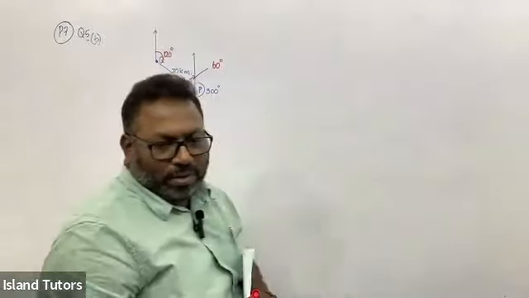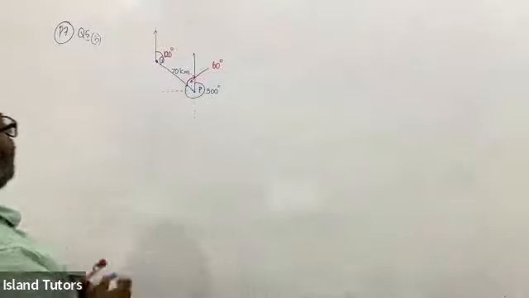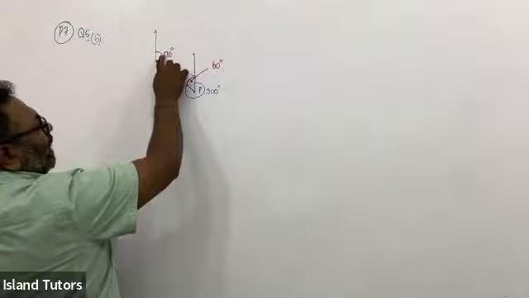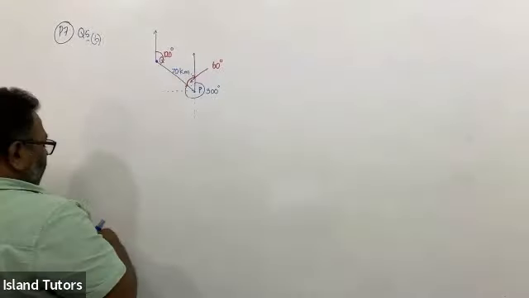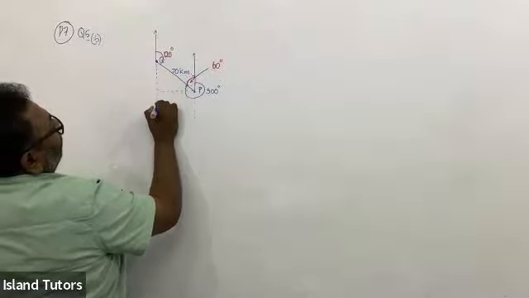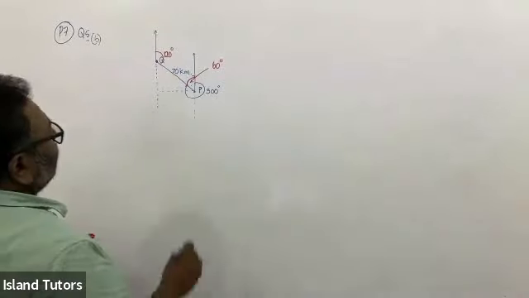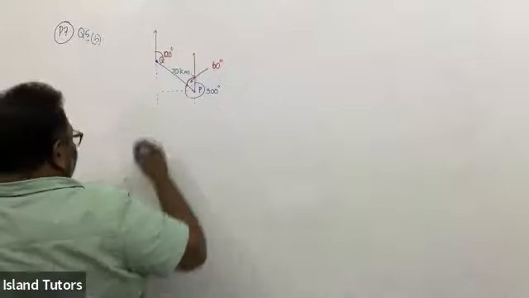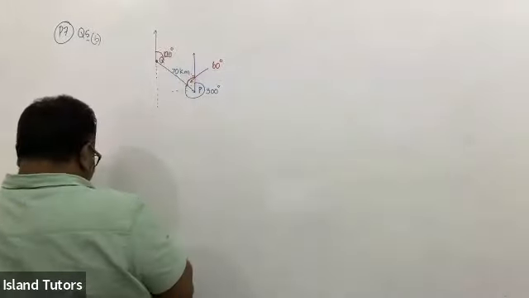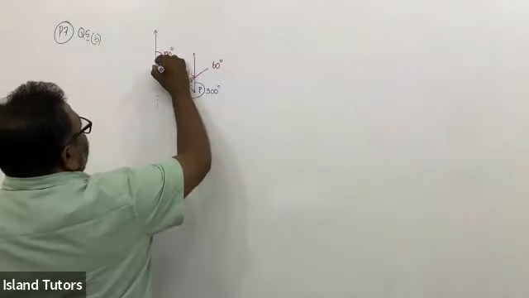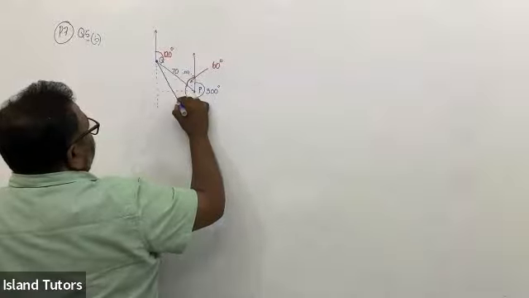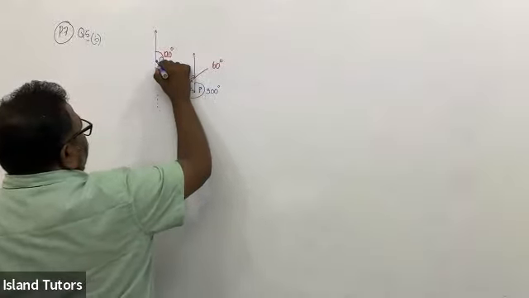Understood? Okay, 120 degrees. He is traveling from here on a bearing of 150 degrees. We know this is 180, like this. So 180 minus 120 leaves another 30 degrees, traveling like this.